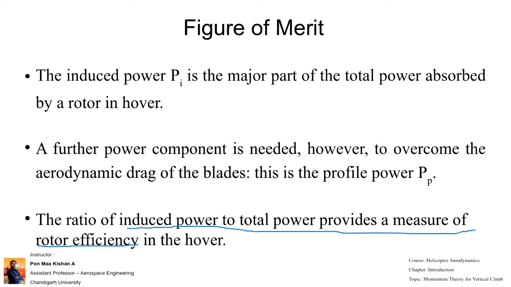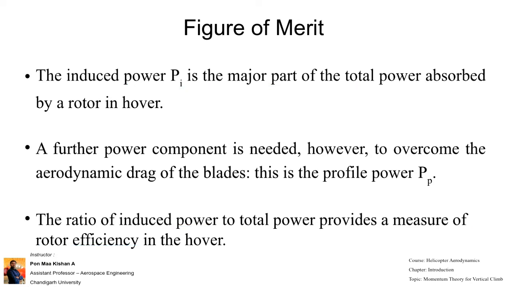So the induced power is a major part of the total power absorbed by a rotor in hovering, because the rotor is rotating, right? When there is a rotational speed, a pressure difference is generated between the upper surface and the lower surface. So the mechanical power is utilized. The total power from the engine will be utilized by the main rotor, and in that main rotor, induced power is playing the major role.